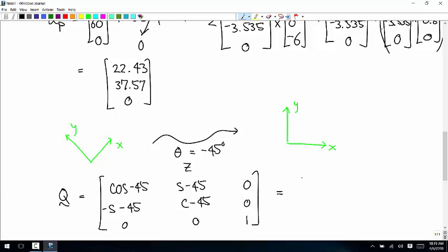And that is 0.7071, negative 0.7071, 0, positive 0.7071, 0.7071, 0, 0, 0, 1.